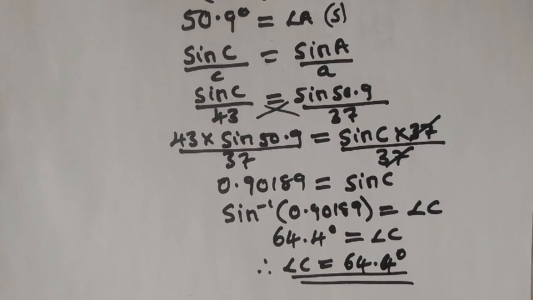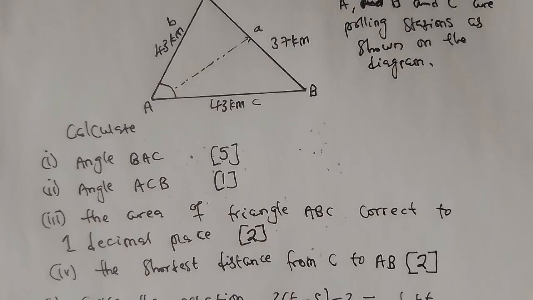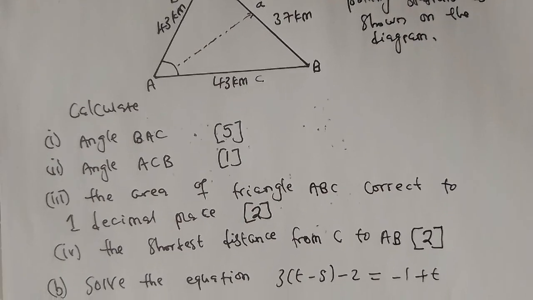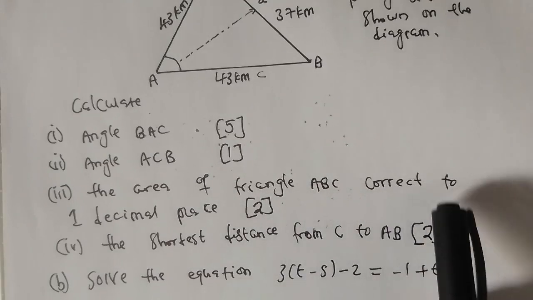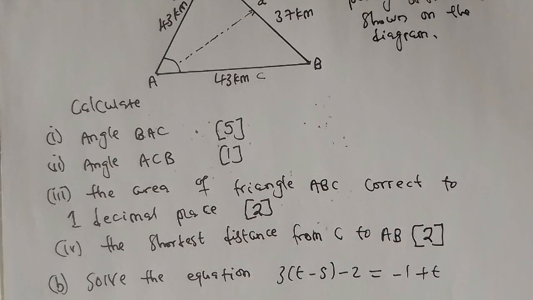And then now moving on. Question number 3 is asking for the area of triangle ABC correct to 1 decimal place.